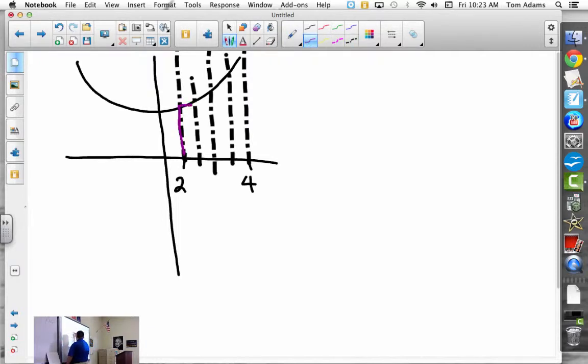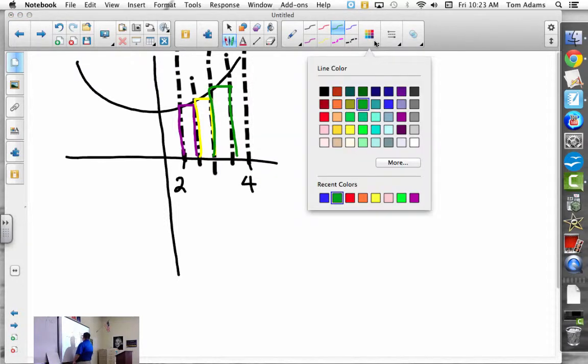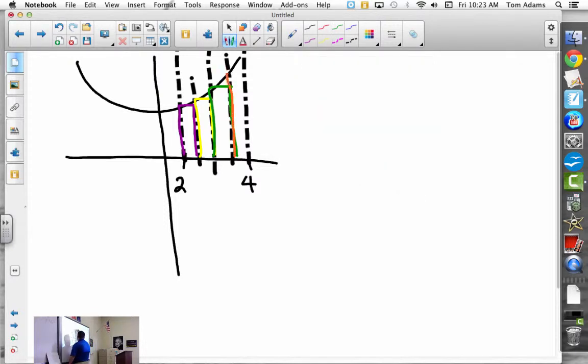What if I were to do like this? That would be a lot of rectangles. Well, it's not as difficult as you think. But what I notice is, look, now my triangles are much smaller.